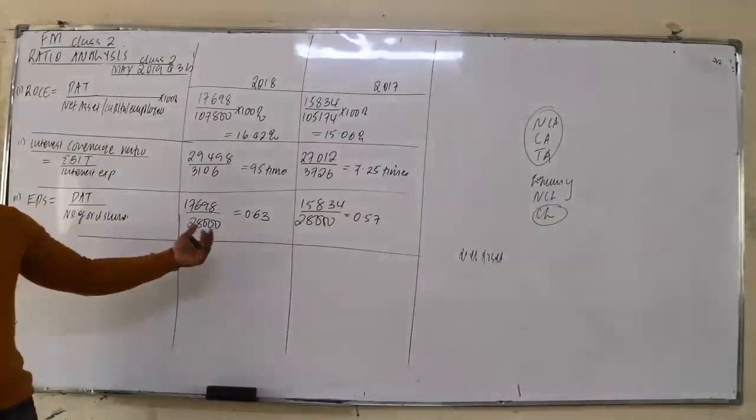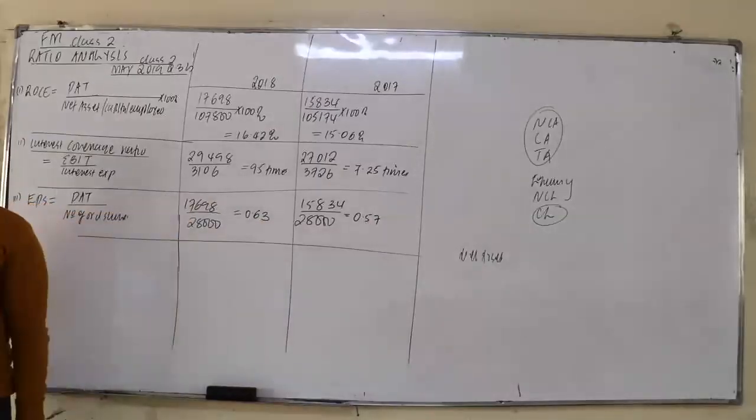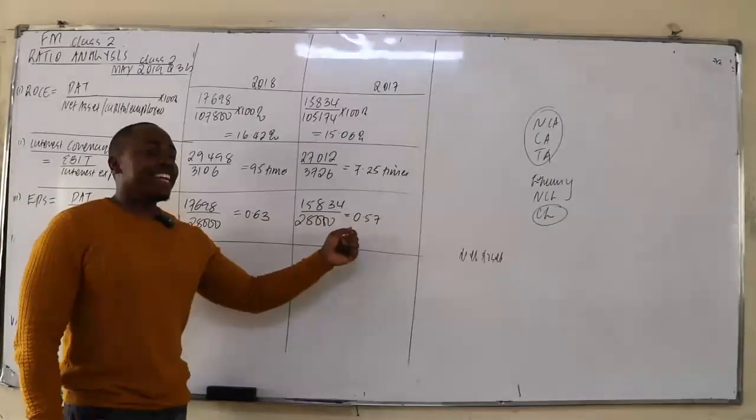What can you see? What has happened? From 0.57 to 0.63. What has happened to earnings per share? I'm not asking you to interpret it, we just observe what has happened there. It has increased.